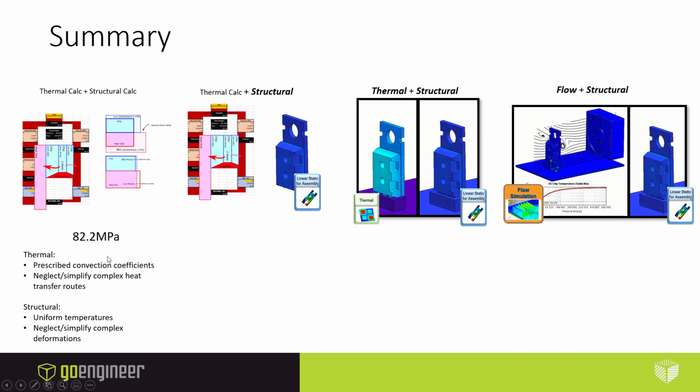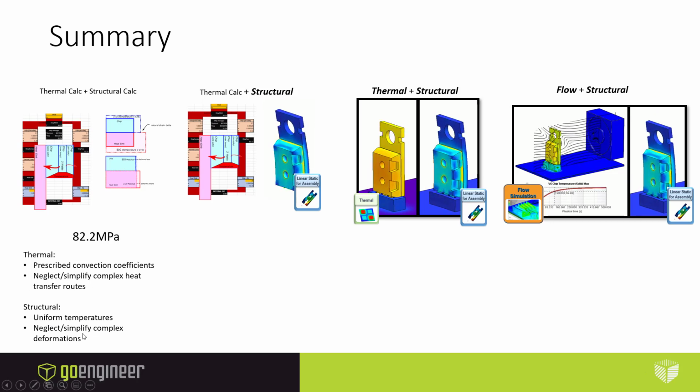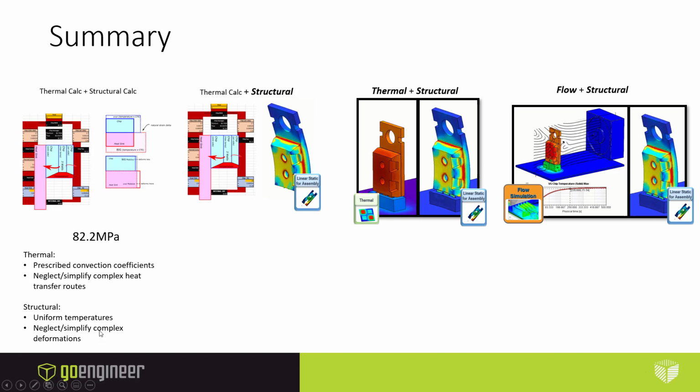I'm neglecting that right now because it's just too complicated for me to try to account for. Then also some of the structural assumptions I had to make was I assumed the temperatures were uniform. And also I neglected any kind of complex deformations. You can kind of see the bending going on here, when really I was just sort of accounting for the shear between the two bodies, not really accounting for any other complicated deformations that might occur. I'm neglecting those.